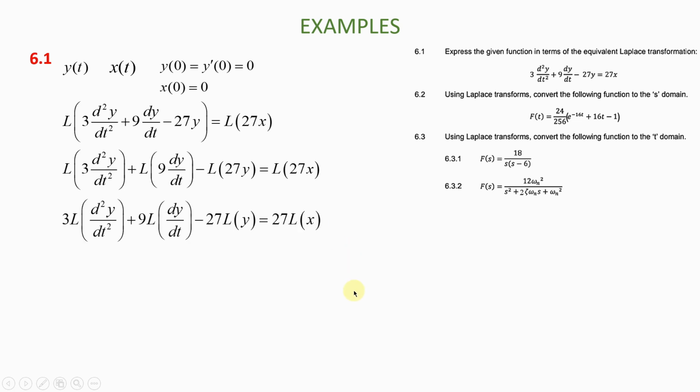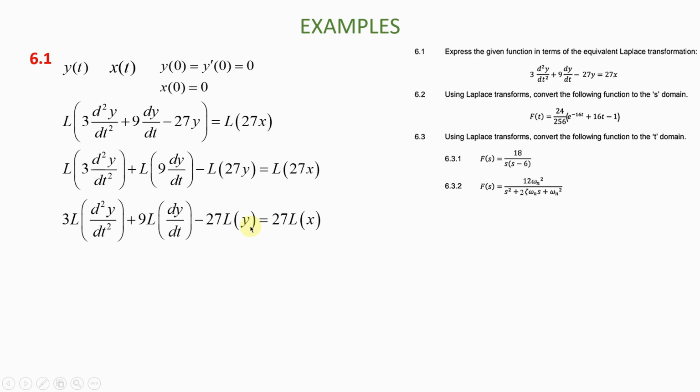So this can be rewritten like that. It's 3 times the Laplace transform of the second derivative of y with respect to time, plus 9 times the Laplace transform of the first derivative of y with respect to time, minus 27 multiplied by the Laplace transform of y, and this will be equal to 27 multiplied by the Laplace transform of x.